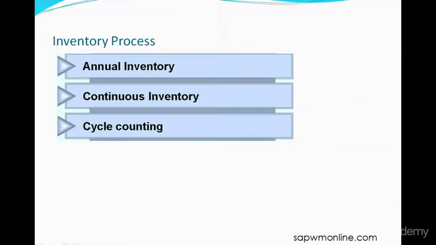So in a continuous inventory, you would choose at what frequency you want to do the inventory and complete the entire warehouse over the period of 1 year. In most cases, it is a mandate that you count the material or do the inventory for each and every bin at least once in a fiscal year. So it depends on how the organization would want to do it.